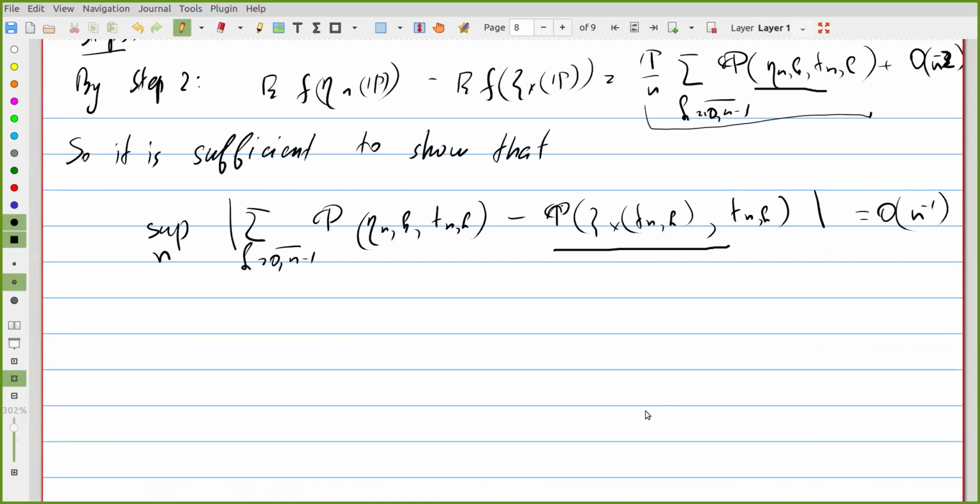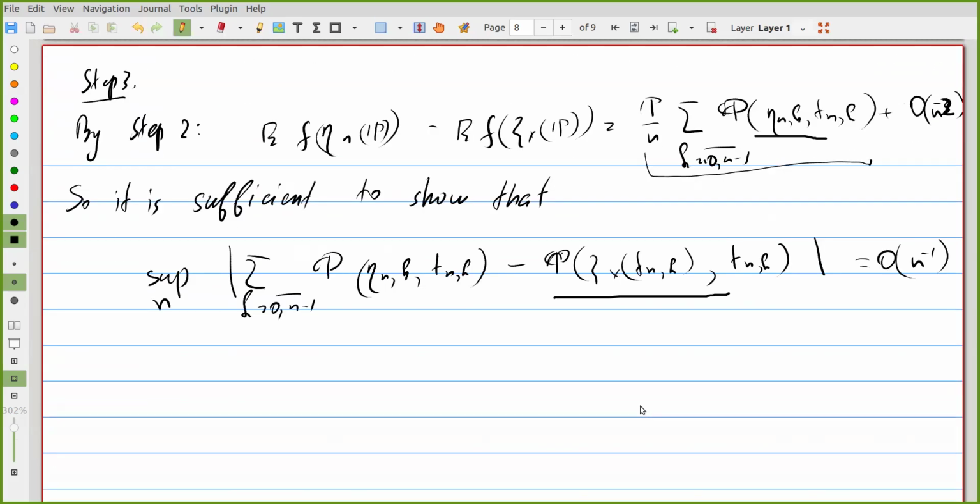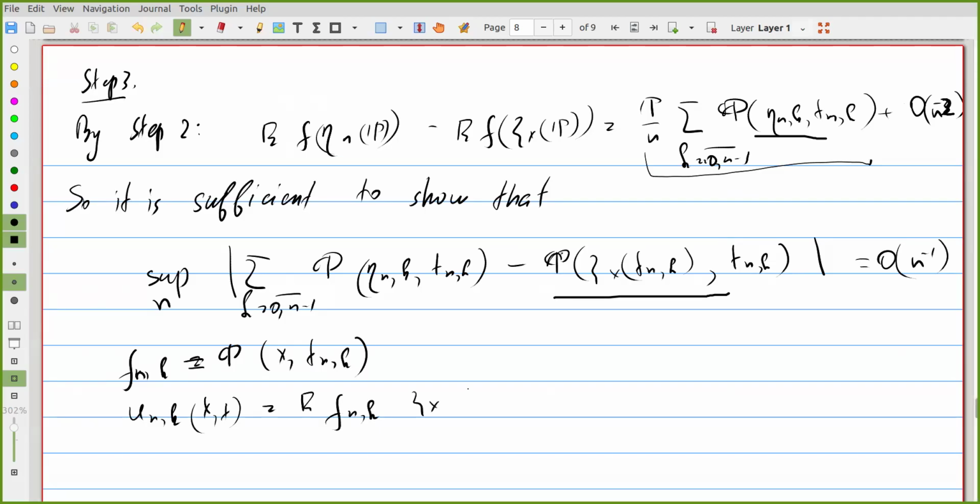Now, for that, the idea is to use pretty much the previous theory, but now by introducing functions f and k, which is going to be x, t, and k, and this is going to be the function of the same type as f original. And u and k are going to be solutions of the parabolic equations that correspond to this psi x, but you will need to do something like that.